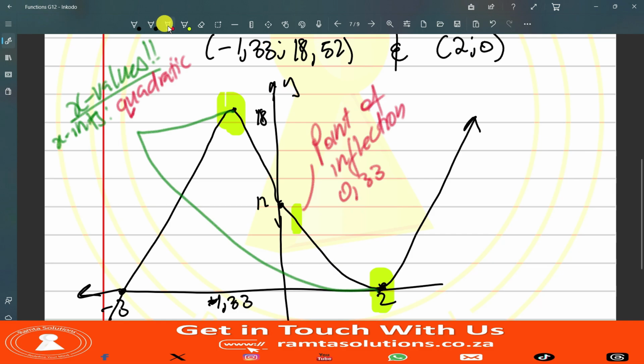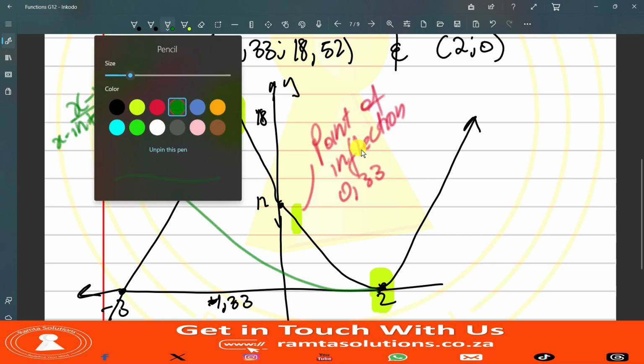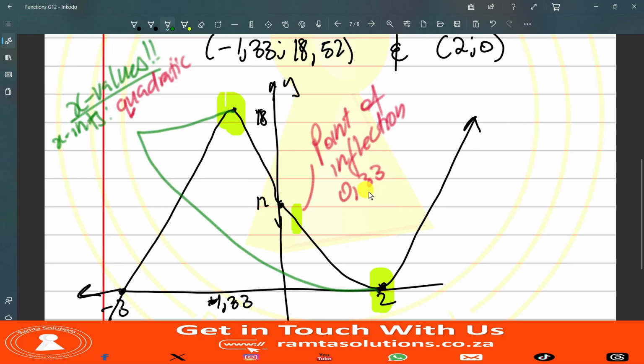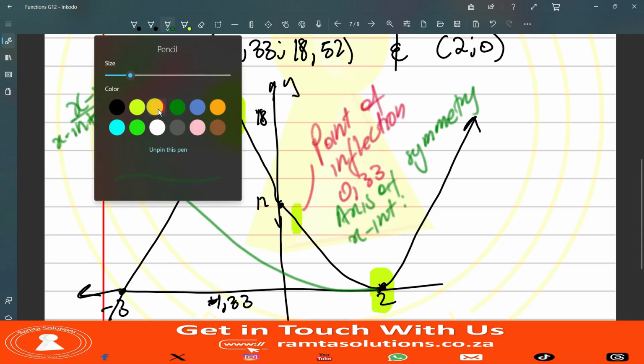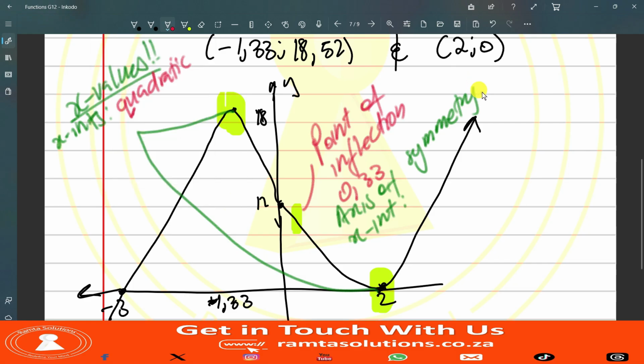Then let me further add information here. Point of inflection. Right? Point of inflection, what is it? It is axis of symmetry of who? By now you know. And it is also x-intercept of who? By now you know. It is axis of symmetry of a quadratic.